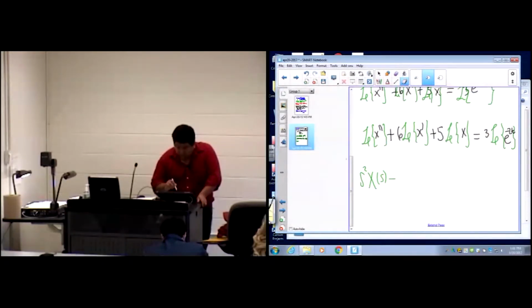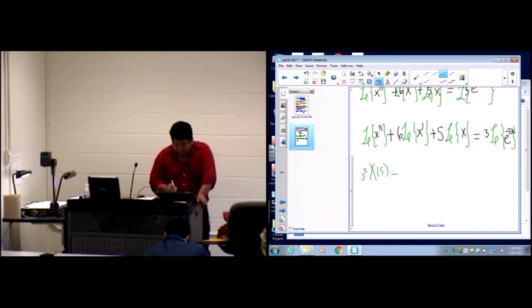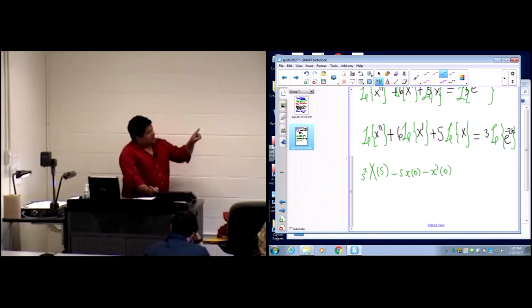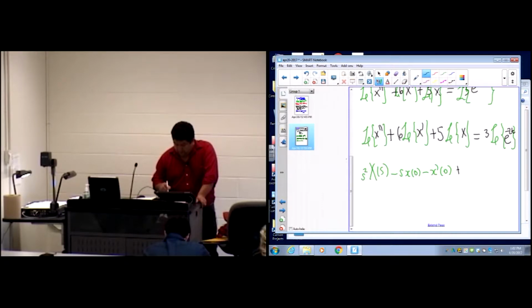That takes care of the Laplace transform of the second derivative. And then we have plus 6 times, I'm going to write some expression here, 6 times s times big X of s minus little x of 0. That will be the Laplace transform of the first derivative.